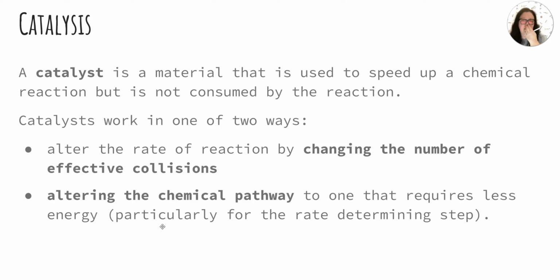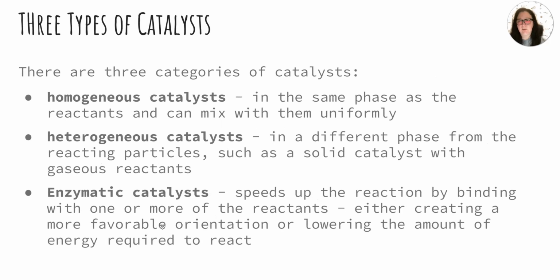They can alter the rate of the reaction by, one, changing the number of effective collisions, or two, by altering the chemical pathway into a different one that requires less energy in order to make the reaction move forward. Typically the ones that AP is going to talk about are these two, but the third one we're just throwing in there for fun.